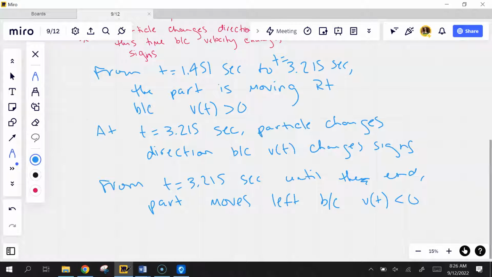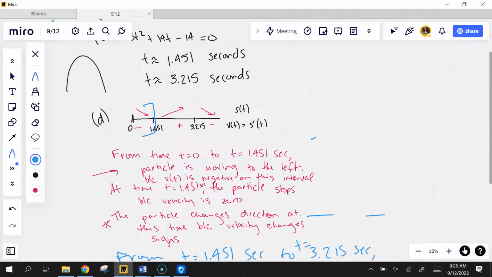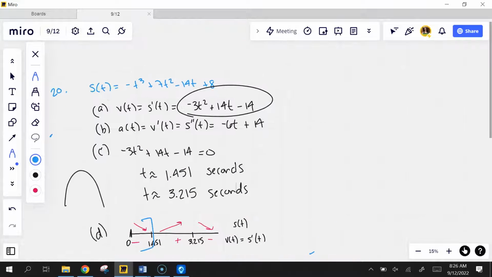Just because we're already here, where did my little bug start? Where was he at the very beginning? 8. How do you know he was at 8? That's exactly right. If you plug in 0 for t in the position function, you'll find 8. So that's where he started.